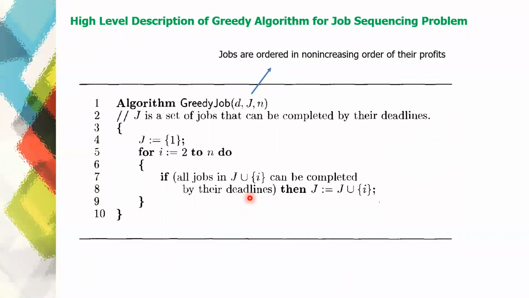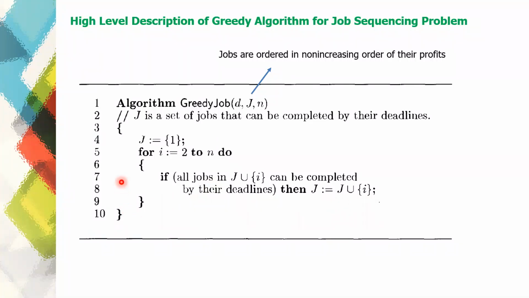I'll repeat: if the ith job is included into the solution vector, then all the jobs in the new solution must be completed before their deadlines. If that is the situation, then include the ith job into the solution vector. Otherwise, you will not add the ith job into the solution.